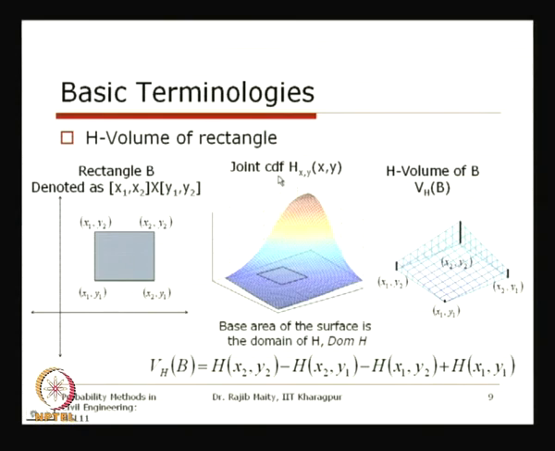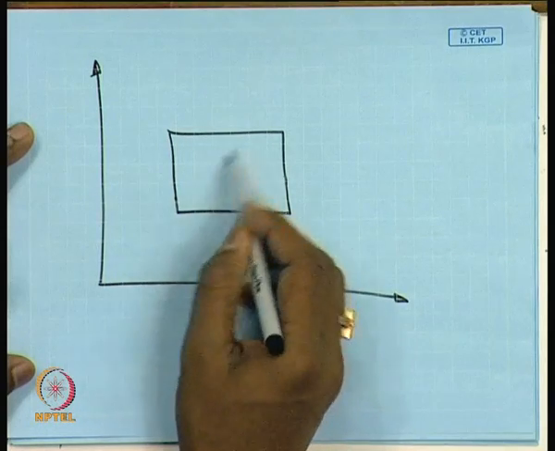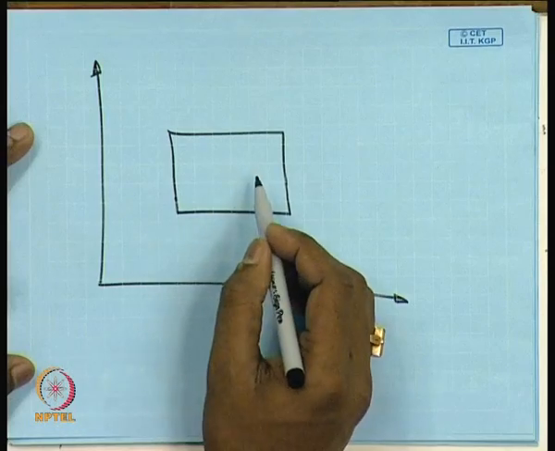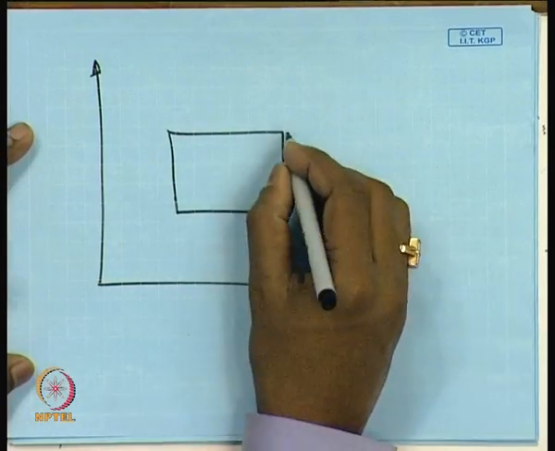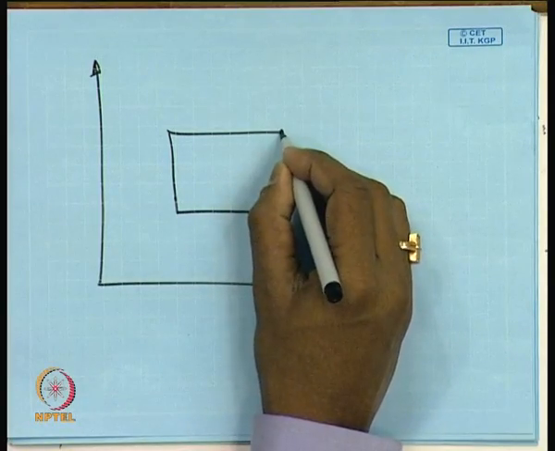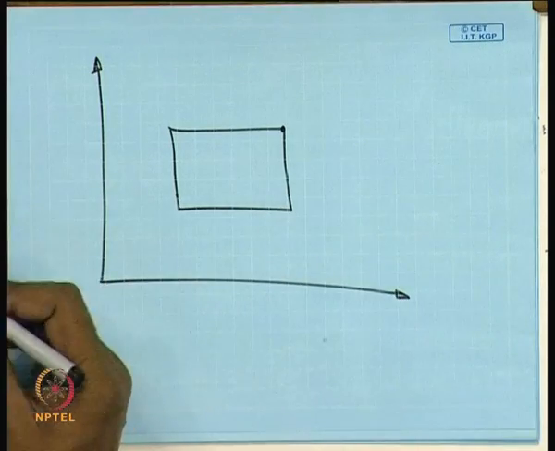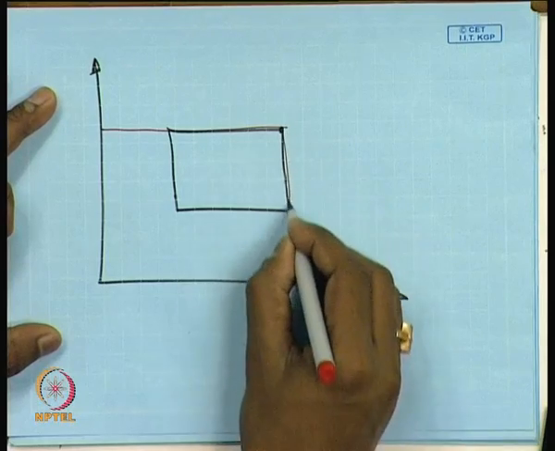Now if I represent that same rectangle here, and we want to know the volume over this rectangle when considering their joint PDF over this zone, then what I have to do is first take the total volume.